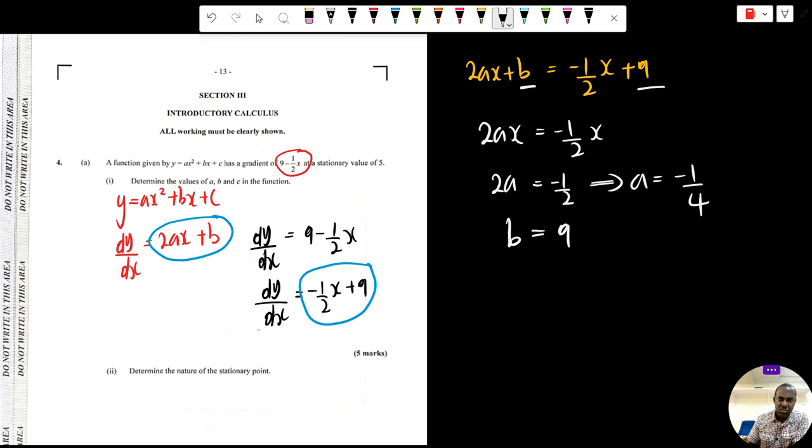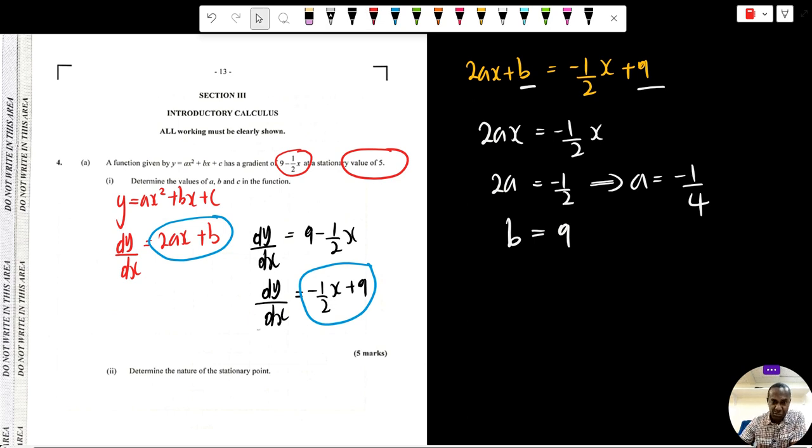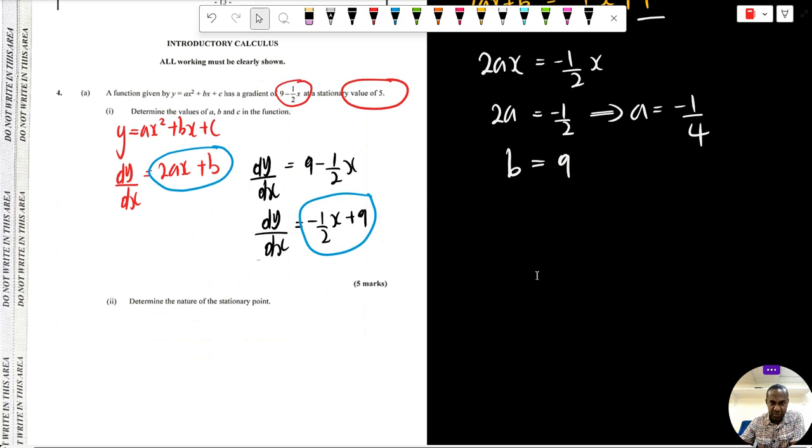Now let's look at the additional information that we're given. We're told that this function has a stationary value of 5. Whenever we speak about a stationary value, it typically means the y-coordinate at the stationary point. So at the stationary point, the y-coordinate is equal to 5. But we need to find the x-coordinate.